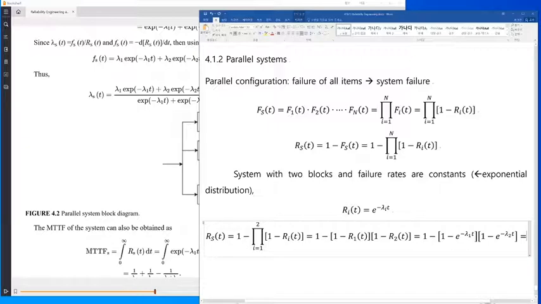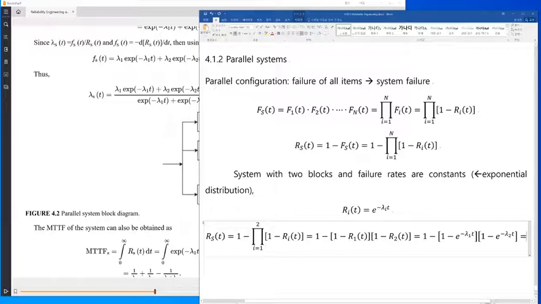So we have 1 minus exponential minus lambda 1 t minus exponential minus lambda 2 t, plus exponential minus lambda 1 plus lambda 2 t. So what will be remaining?